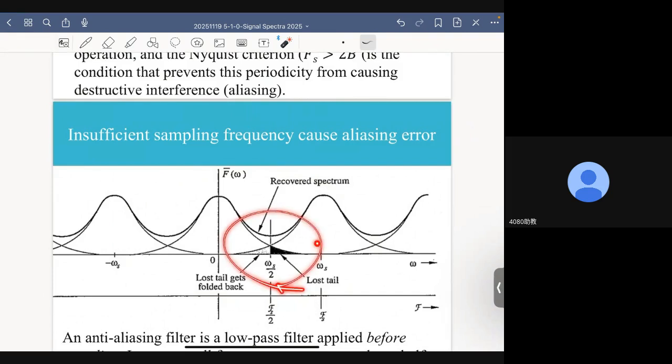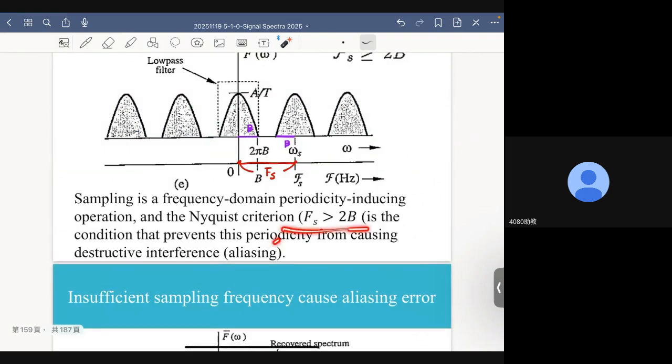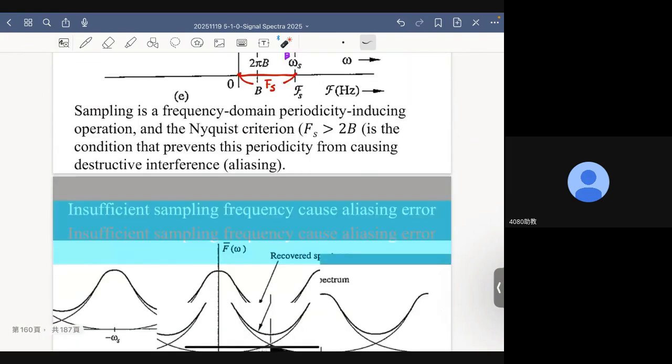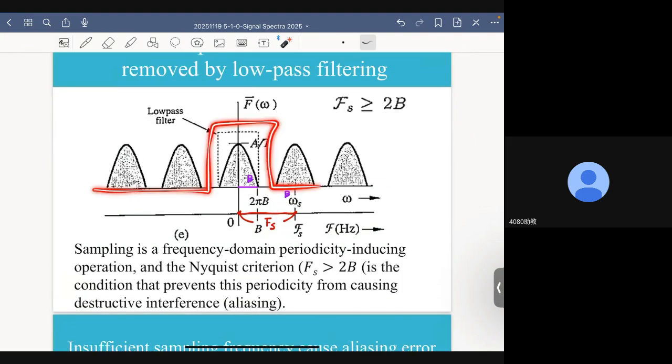In this case, because this condition has not been met, this requirement has not been satisfied, so I cannot have a clean cut to remove these redundant components.